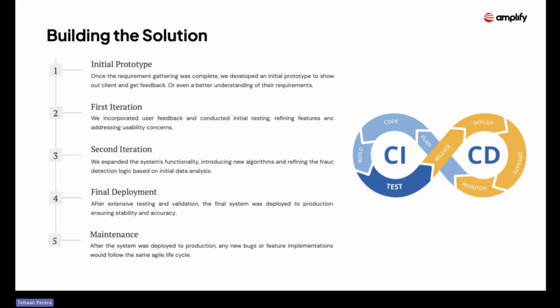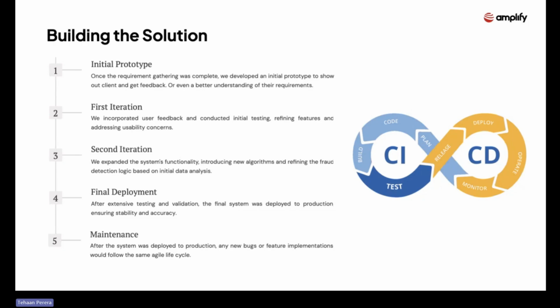And in this day and age, since client needs may vary with time, and since the technology is also evolving, we can't always have the 100% understanding of what the client may want, because it changes from time to time, right? So that is why in the process of building the solution, the first step is to gather the requirements initially.